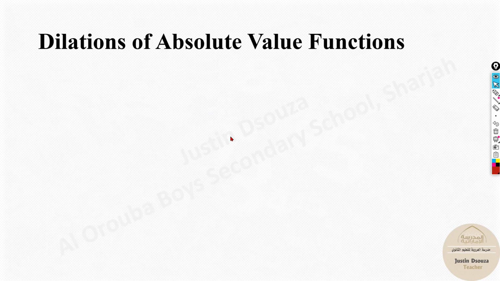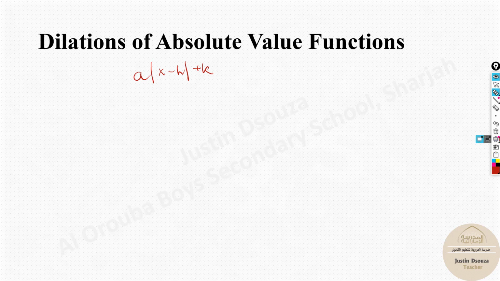Now, if the values are greater than 0, see the a value, we will deal with this a part, in a times x minus h plus k. This part is very important. This can even be inside the bracket. Now I will show you.